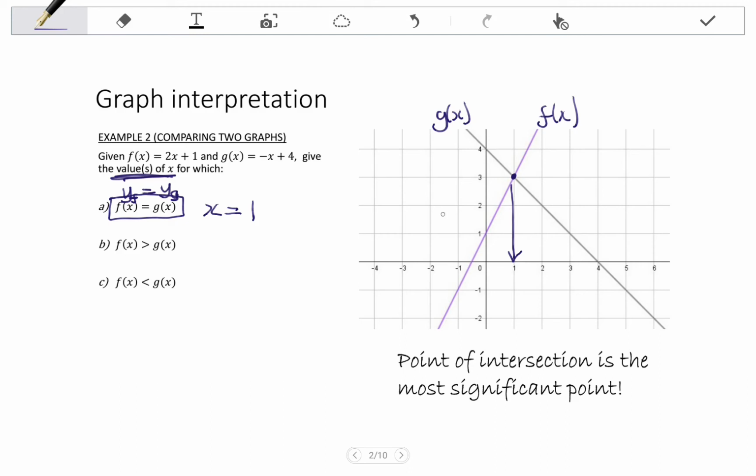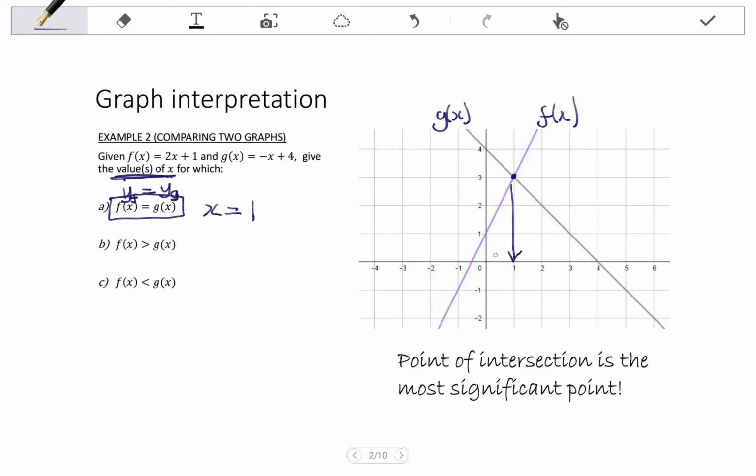If I read from left to right, at this point here, g of x is greater than f of x. Where does that change? As I move along my x-axis, looking at what's happening to the graphs, all along here, g of x is above f of x.